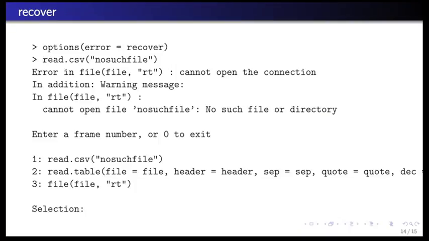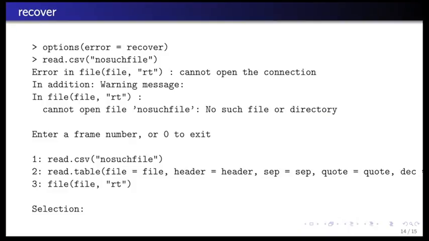And then you get an error, the error message "cannot open the connection," and you get some warning also. But instead of getting my console back, I get a little menu here, and this menu is the function call stack. It's the same thing you would get back if you called traceback after the error. So read.csv is what I called.